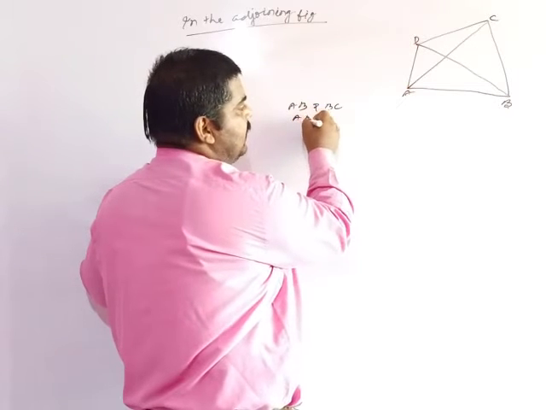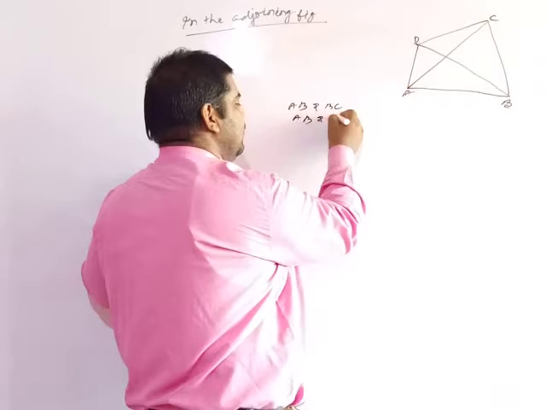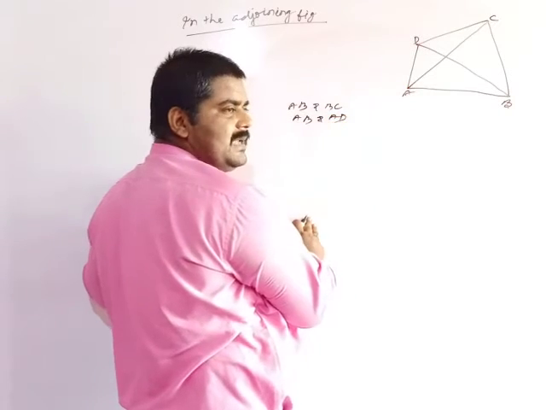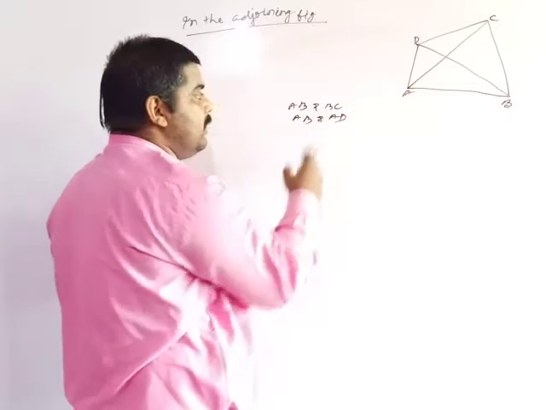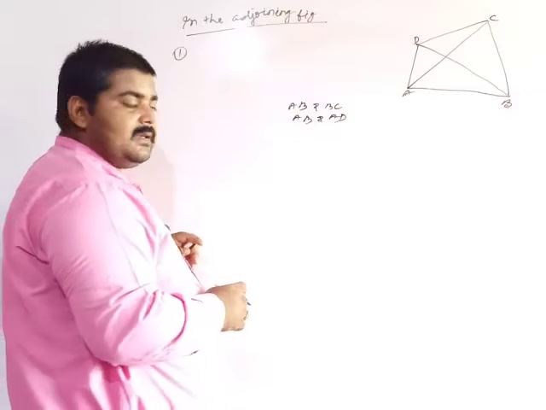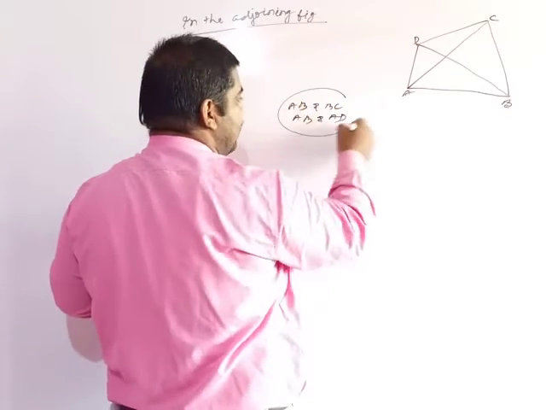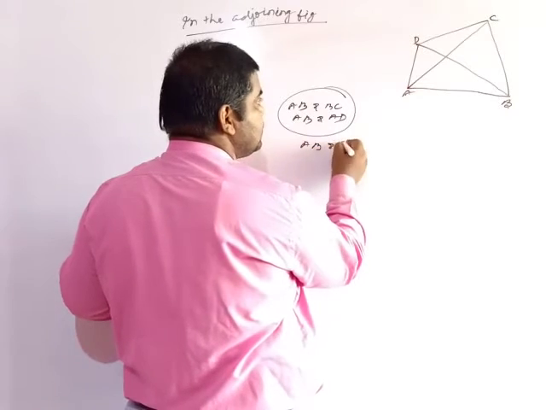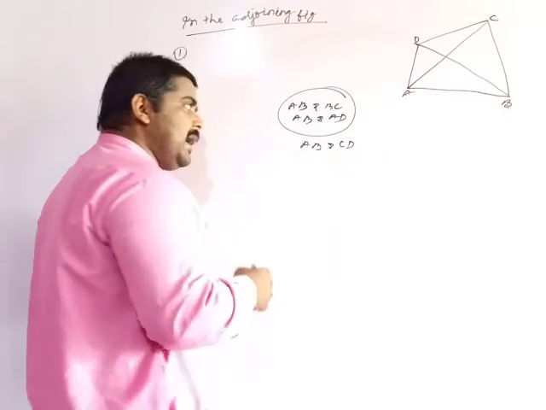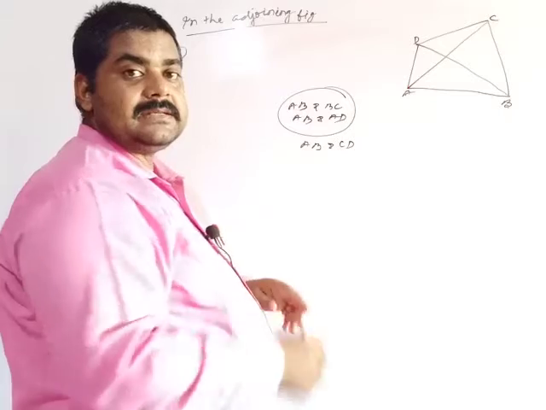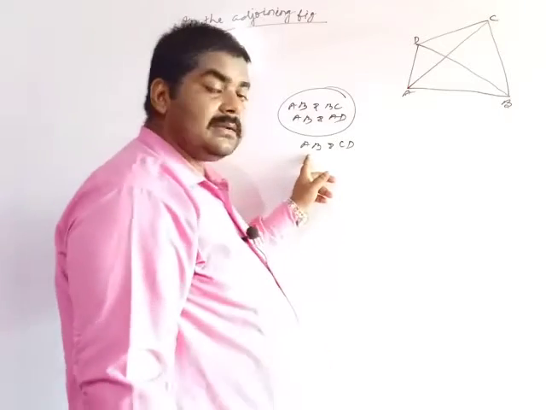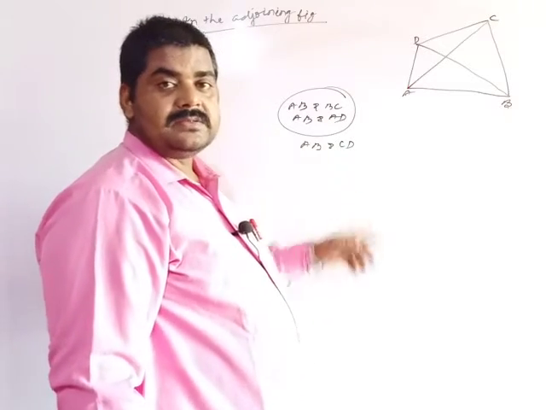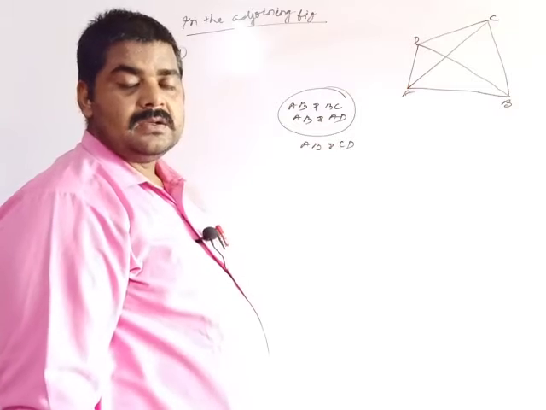Similarly, AB and AD are adjacent sides because they have a common vertex A. But you can see that AB and CD are both non-adjacent sides, because they do not have a common vertex.